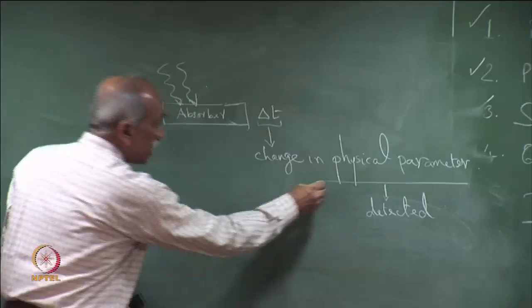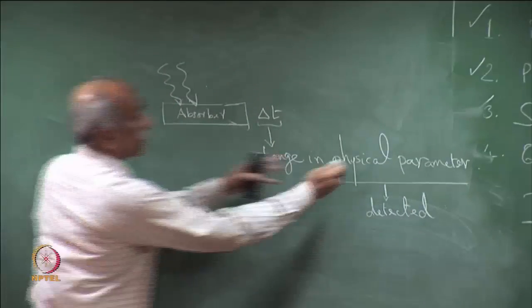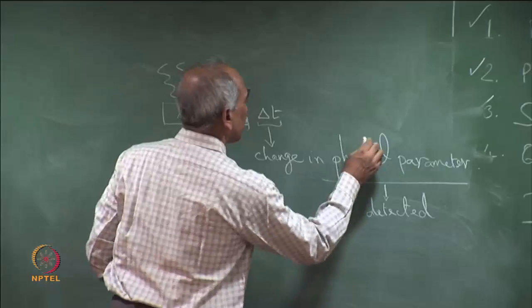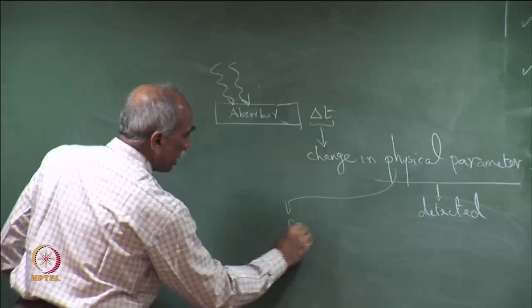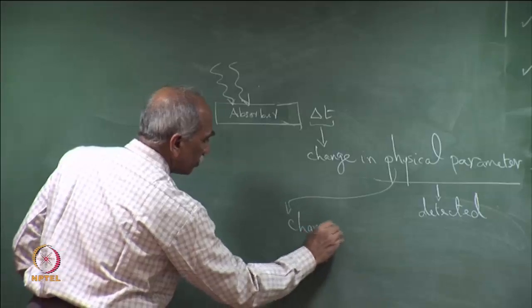So, what is the change in physical parameter? What all parameters could be changing? For example, this could be a change in dielectric constant; pyroelectric detectors are based on this principle.